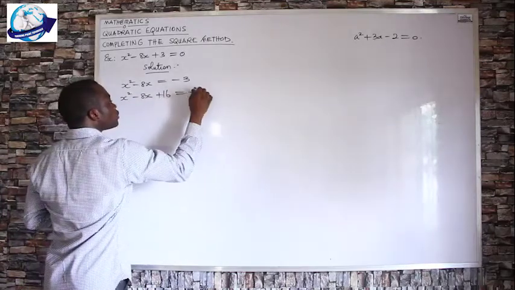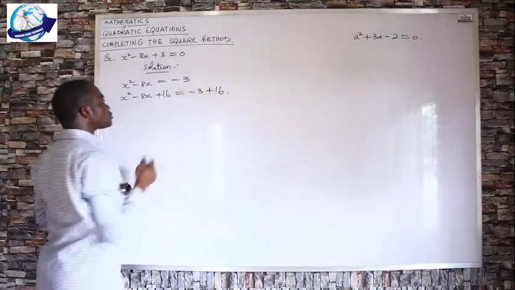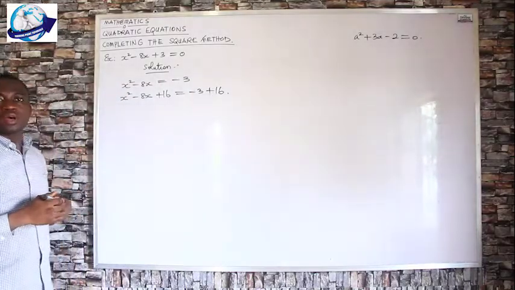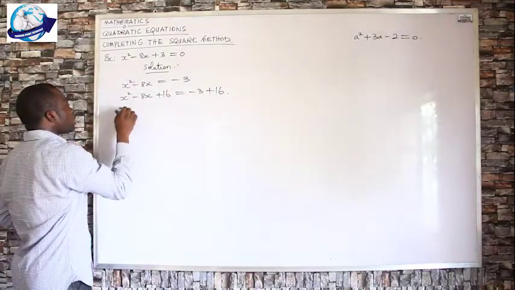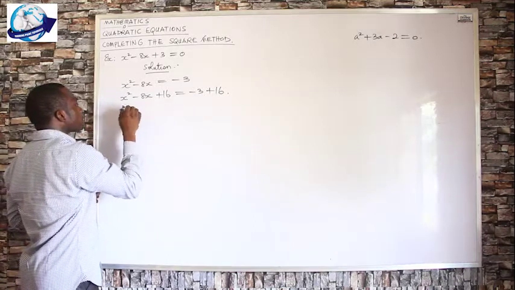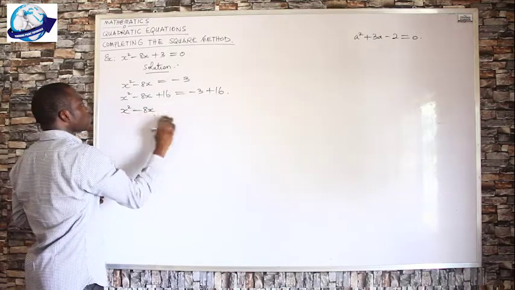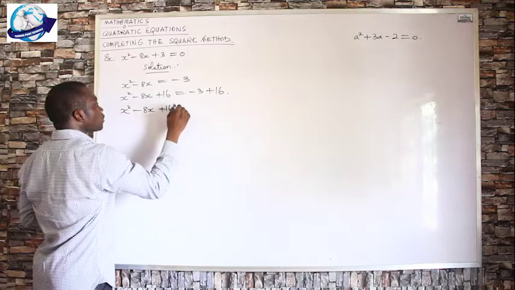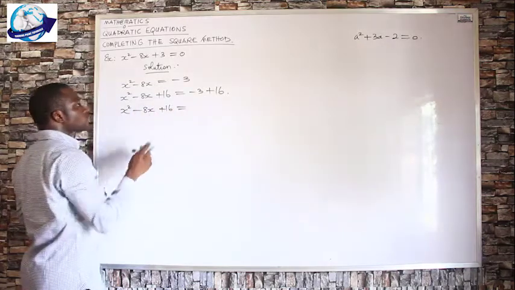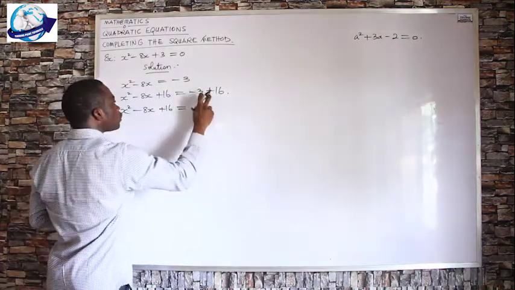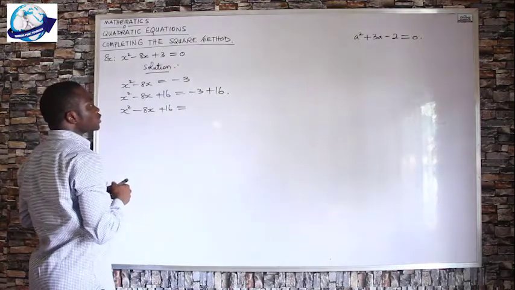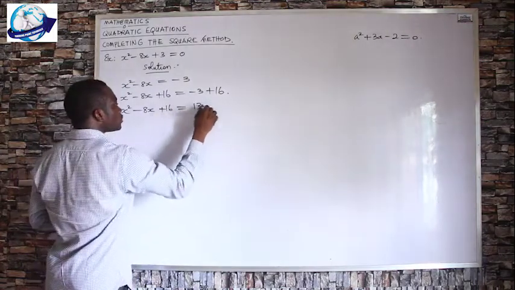That gives you minus 3 plus 16. Now at the end of the day, what do you have? You have x squared minus 8x plus 16 equals minus 3 plus 16, that gives you 13.